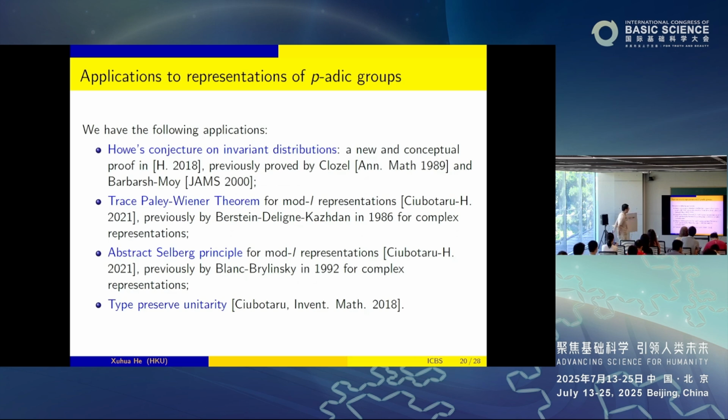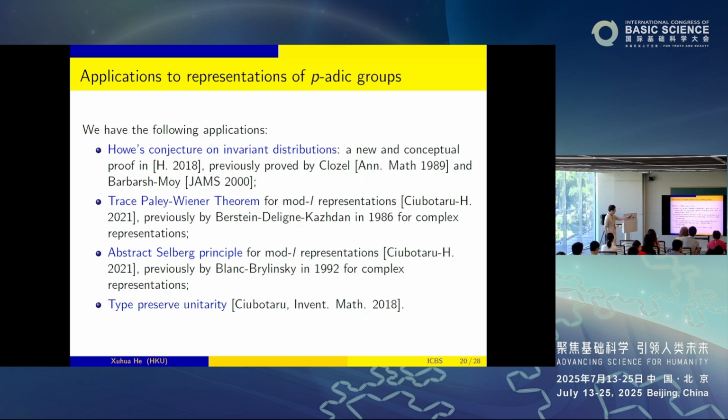As a consequence, we have several nice applications to the representations of p-adic groups. For example, the Howe conjecture on the finiteness of the invariant distributions restricted to any compact set. And also the trace Paley-Wiener theorem, and now we are able to do this for mod l, when l does not divide the order of the finite Weyl group.